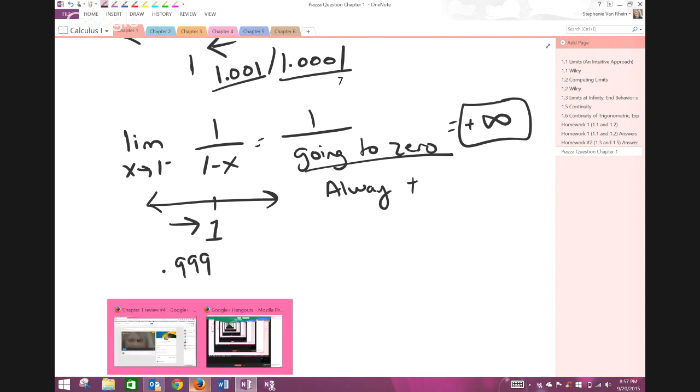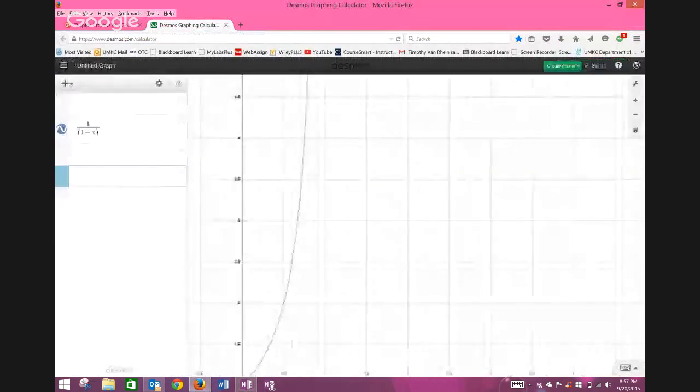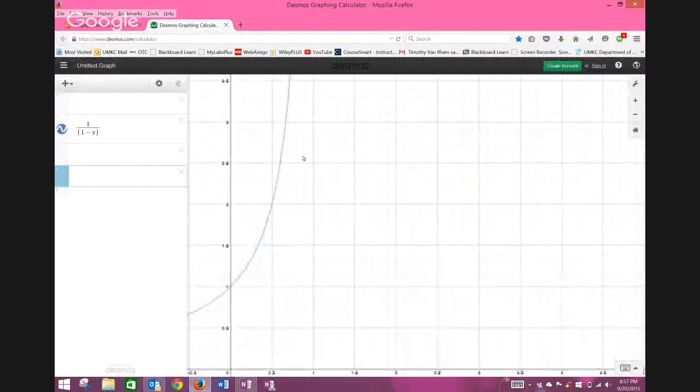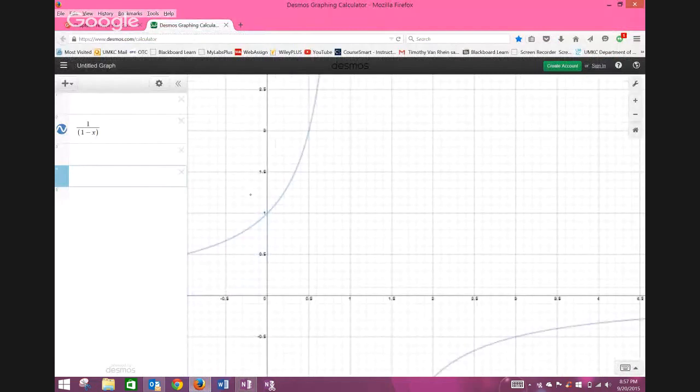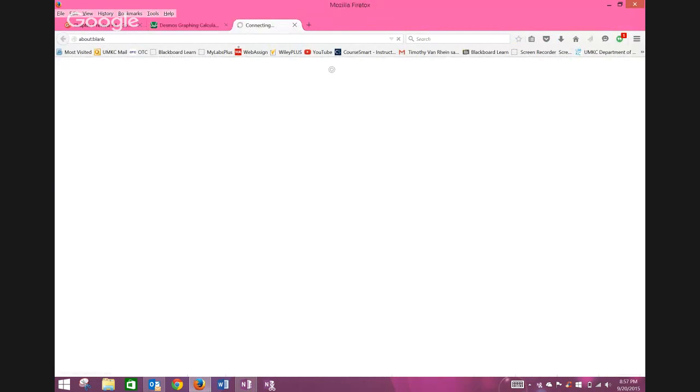Another way is to graph it and see what's going on. If we look at a graph of this function and zoom in at this interesting point, which is 1, the limit on the left goes to positive infinity.